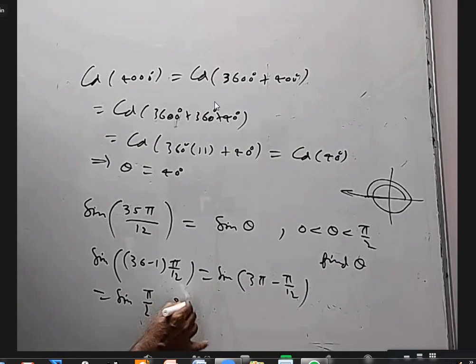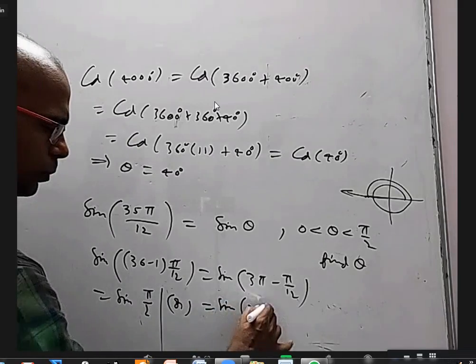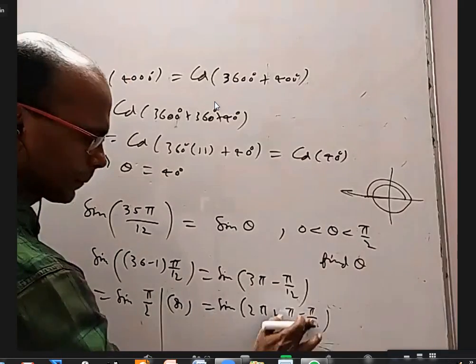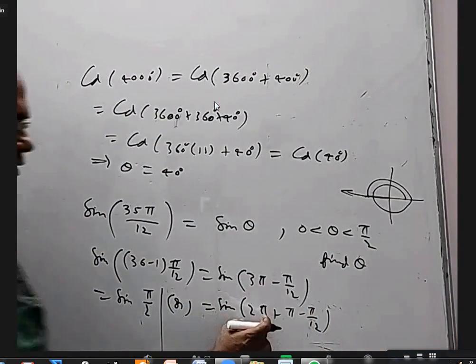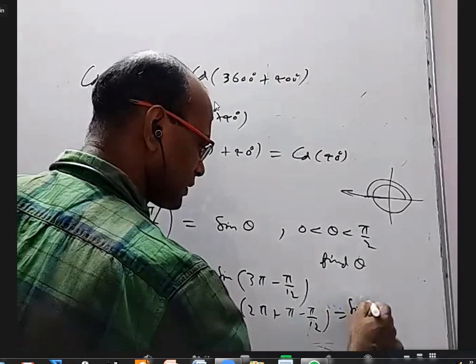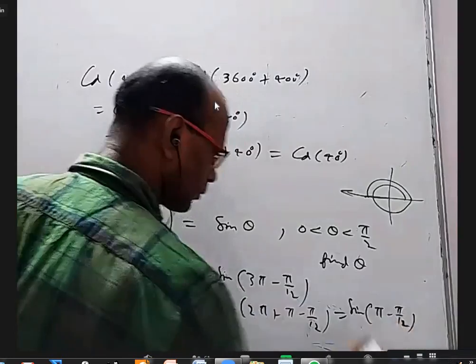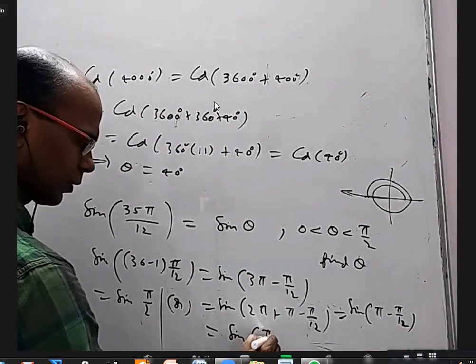If you don't want to say directly, you can even write it as sin 2 pi plus pi minus pi by 12. 2 pi means 360. A multiple of 360 can be neglected. You will get sin pi minus pi by 12, and sin 180 minus theta is sin theta only. So sin pi by 12.